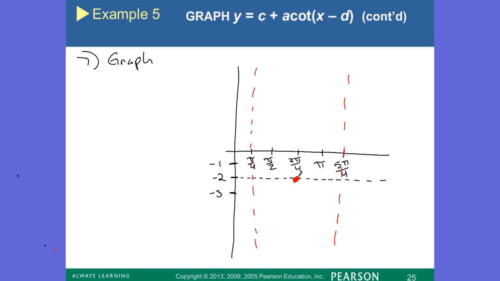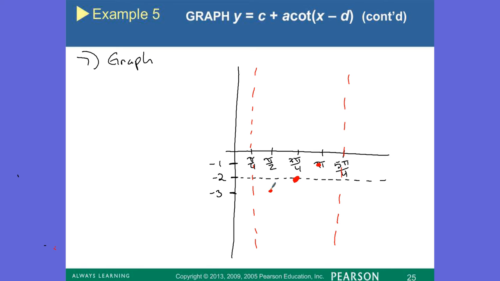So instead of ending down, it's going to end up. So that means my second dot over here is going to be up 1, right? So it's going to be up 1 here. And over here at pi over 2, it's going to be at -3. So I put my dot at -3 there.